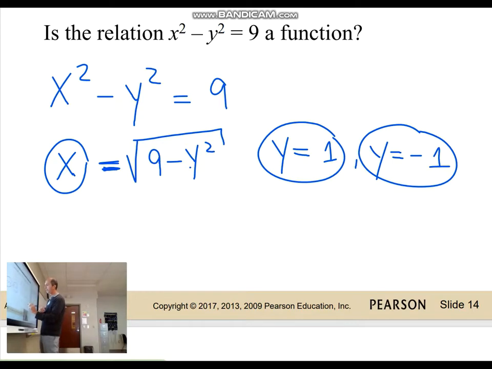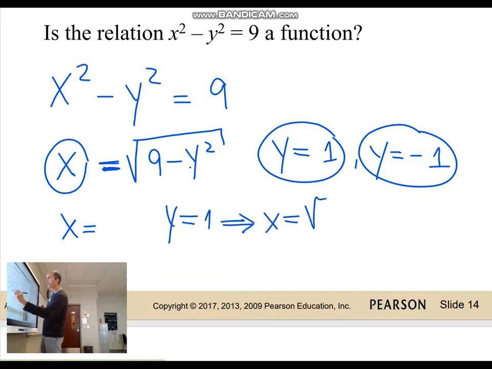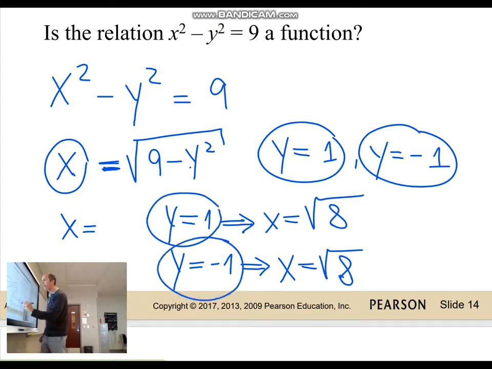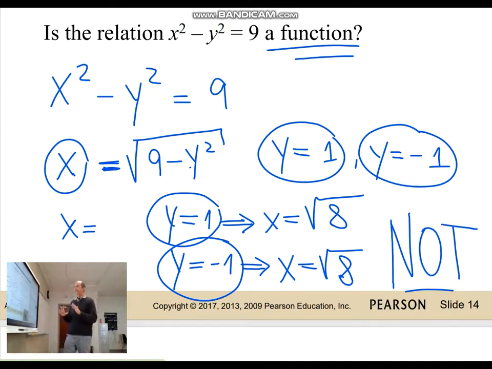For y equals 1, we're going to have x equals the square root of 8, and for y equals -1, you will have x equals the square root of 8 as well. For one value of x, we have two values of y. If we can find at least one situation where this happens, we can say this is not a function.